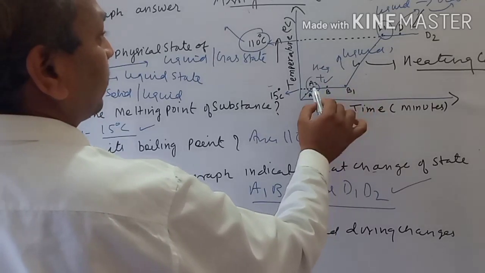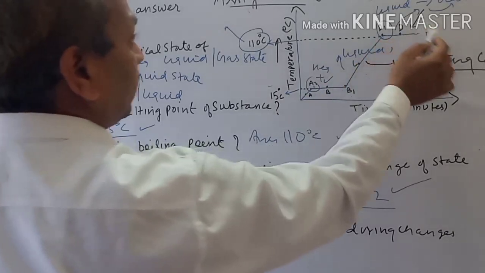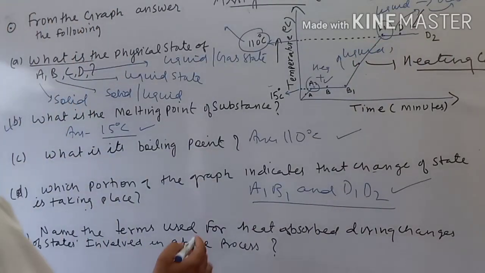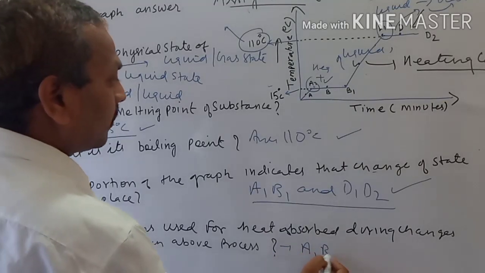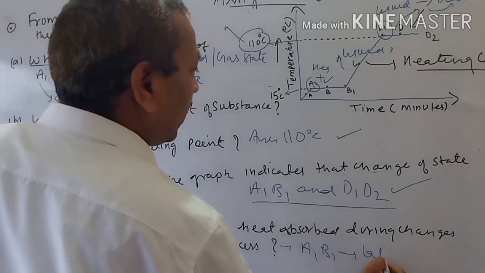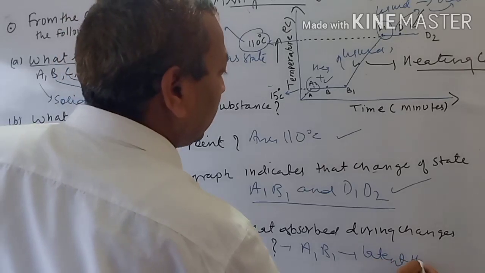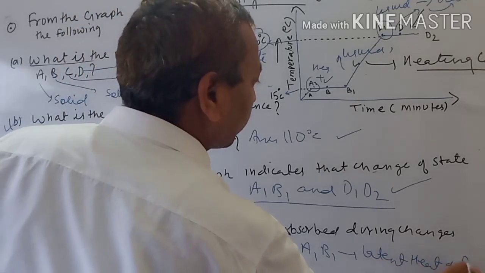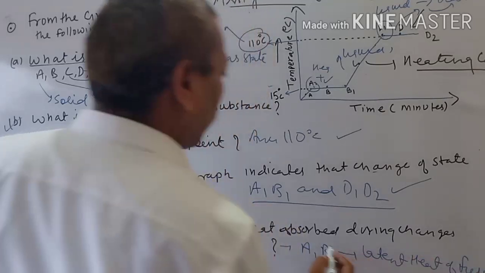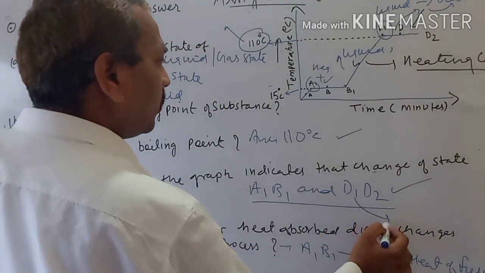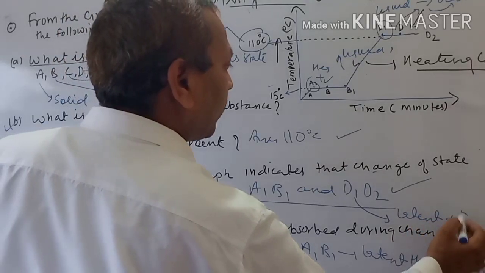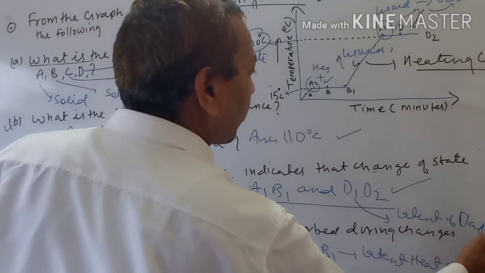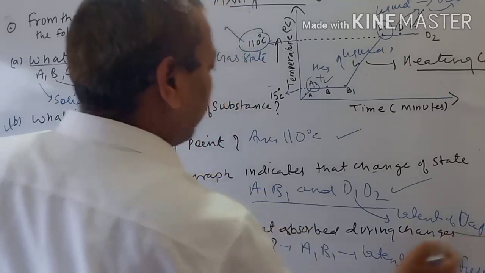So two cases, A1 B1 and D1 D2. So here we can write the answers. A1 B1 is known as latent heat of fusion. Next, D1 D2 is known as latent heat of vaporization.